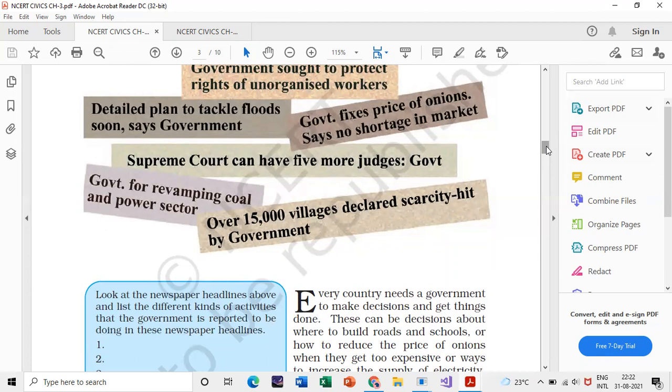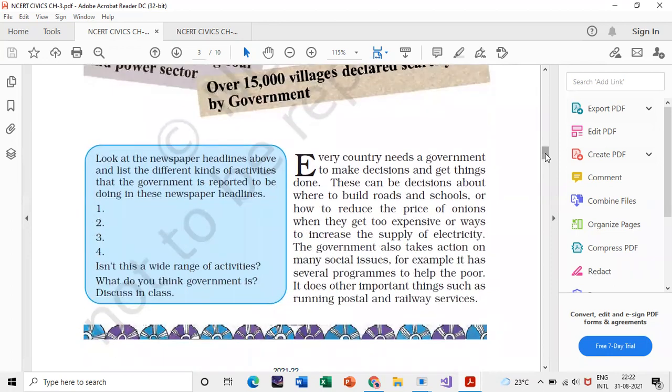So before you go with the government definitions or anything, this line is very important, that every country needs a government. Underline this. Why is it important? Because the teacher can give you this line and they can see you justify your answer. Every country needs a government.